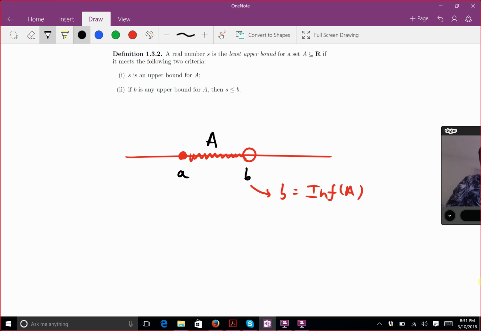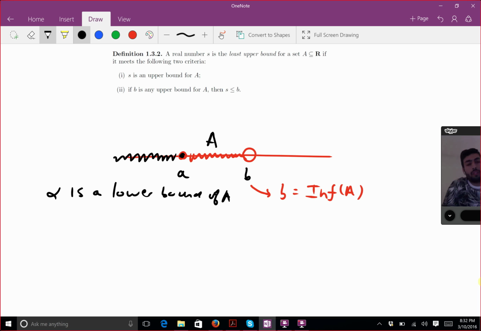But notice that there's also a thing called the greatest lower bound. Notice that all of these numbers here are lower bounds. So what does that mean? To be a lower bound, we're going to say alpha is a lower bound of A. How should I make this definition? What should alpha have to satisfy?